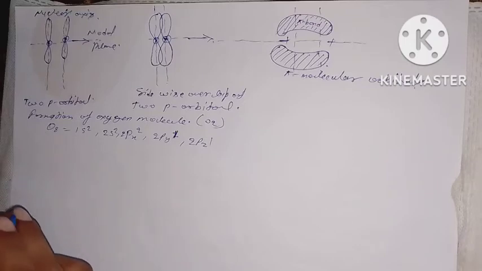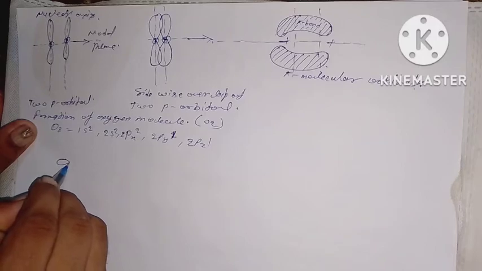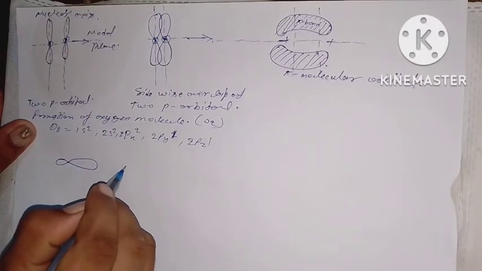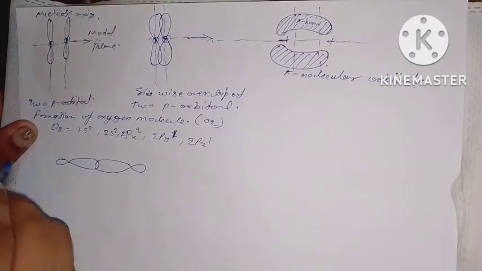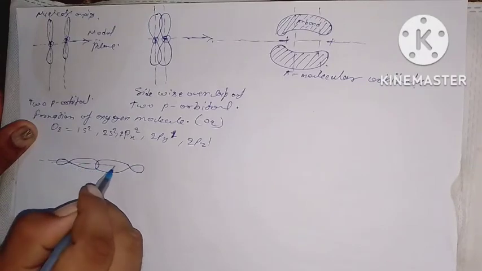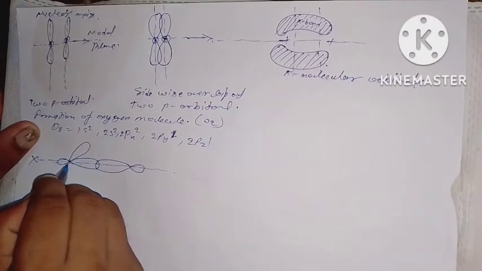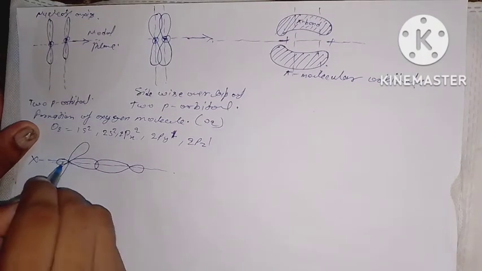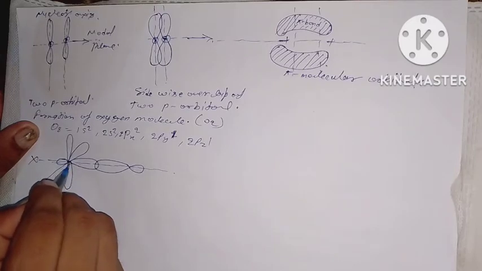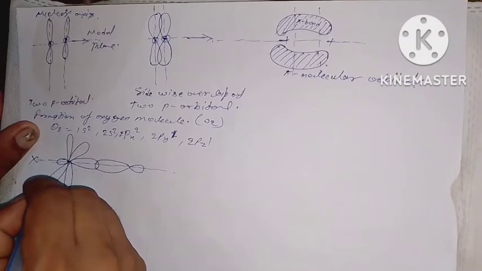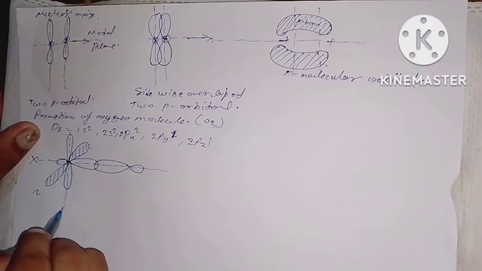This axis is the x-axis, this is the z-axis, and this is the y-axis. This is the z-axis.